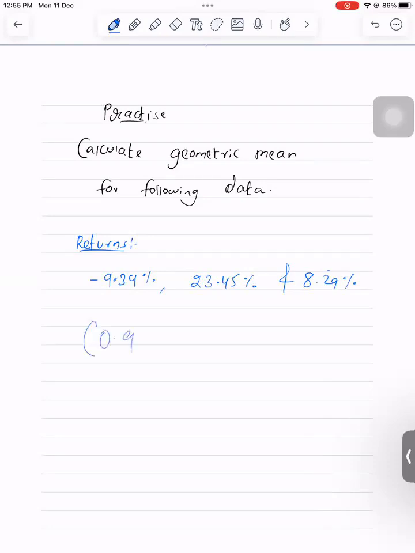This will be 0.9066, this will be 1.2345, and this will be 1.0829. Find out the cube root, then minus 1 into 100. You will get the answer.